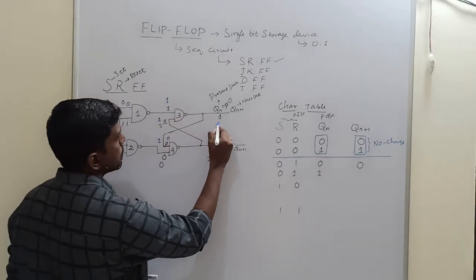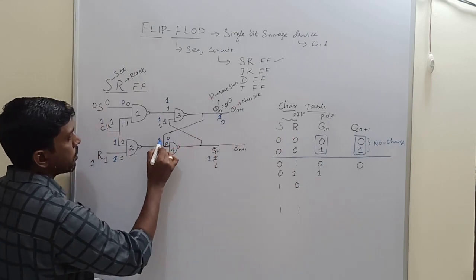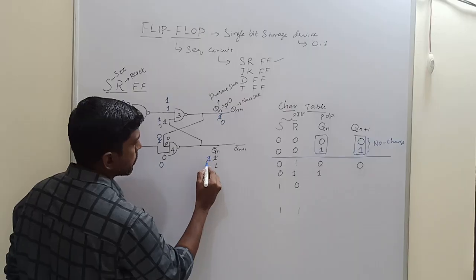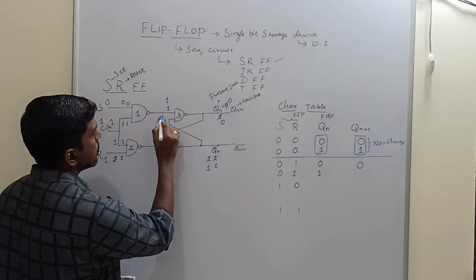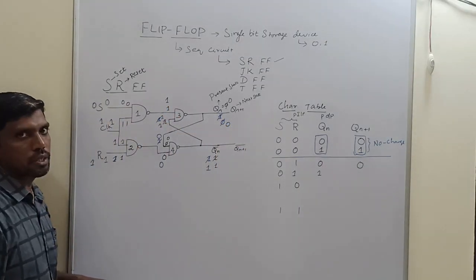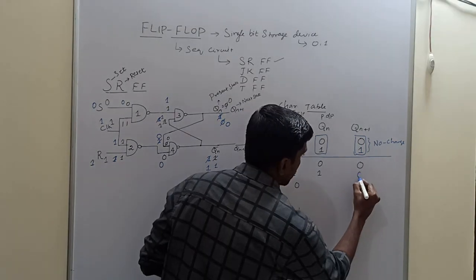So 1, 1, 0. So again this 0 is given to the input of fourth NAND gate. So 0, 0, Qn bar value is 1. So this 1 is given to here. So 1, 1, the result is 0. So Qn value is 0. So it's a stable state. The result is 0.